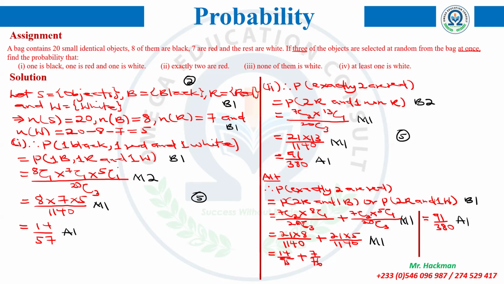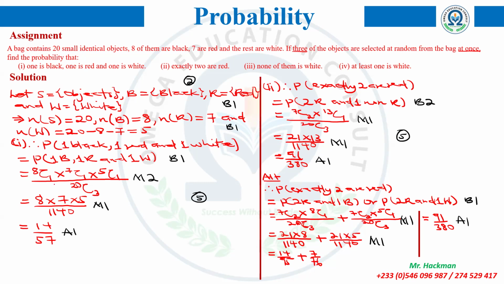So you know what you are supposed to do here. You select one B, so you select black from black, red from red, and white from white. So it will be 8 combination 1, then 7 combination 1, then 5 combination 1. You know the respective total numbers in terms of the red, the black, and the white.